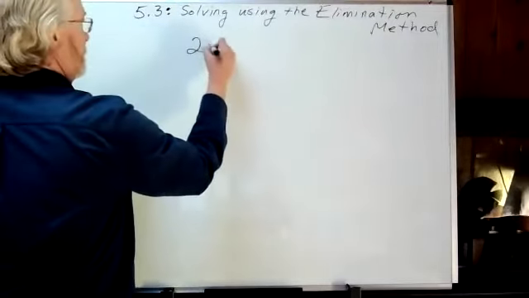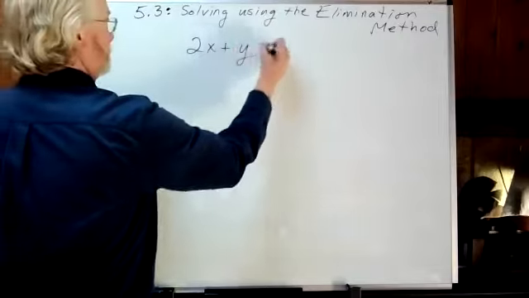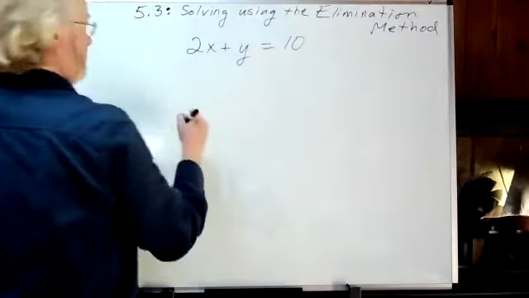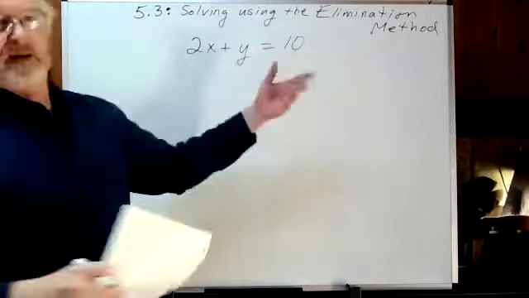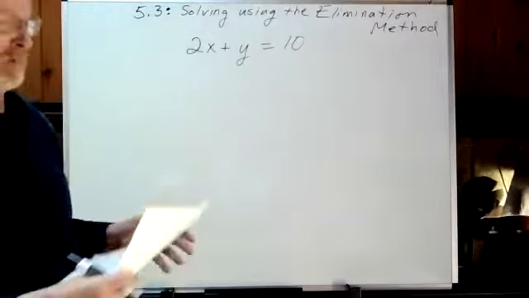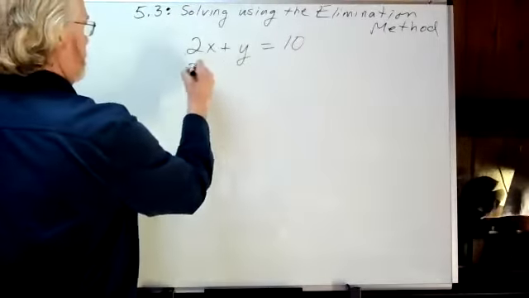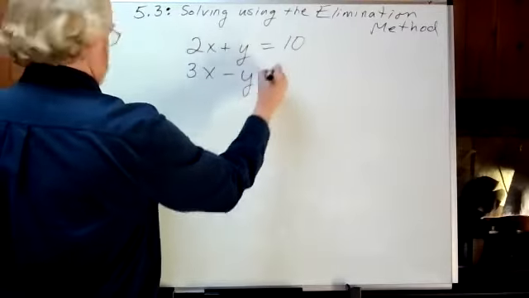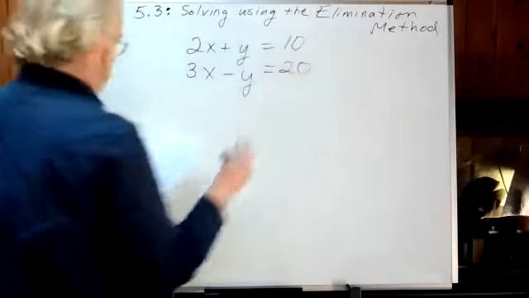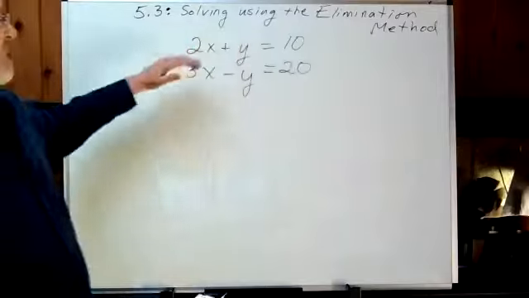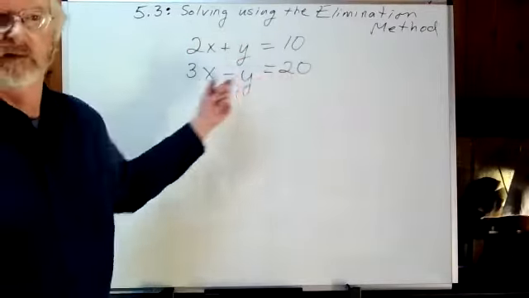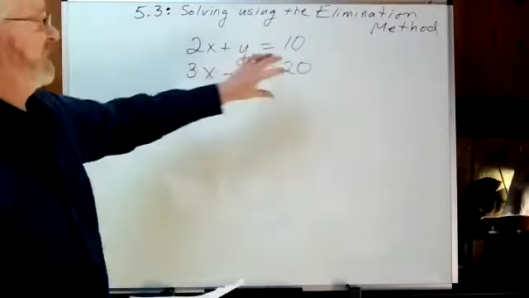Now, here's a system, all right? Supposedly this expression equals 10. Those two things are equal to each other. Here's another one. Supposedly these two things equal 20. They're equal to each other. So this equals that.